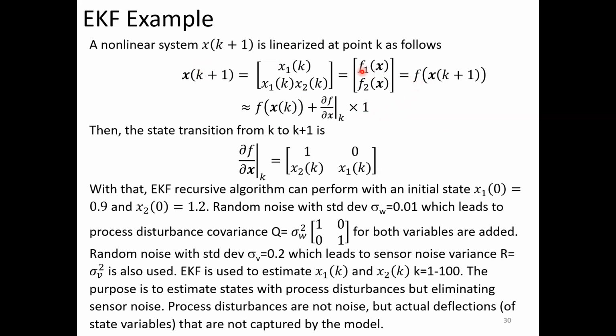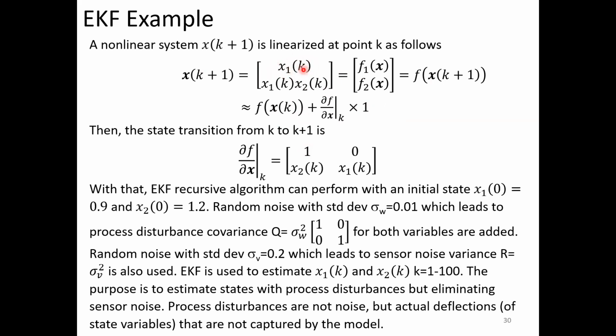Now, because you know f, this is your f. You can differentiate this f with respect to x1 and then with respect to x2. So you get the first row and the second row. Take the first row first, which is just x1k. Differentiate with respect to x1, you get 1. And then differentiate with respect to x2.